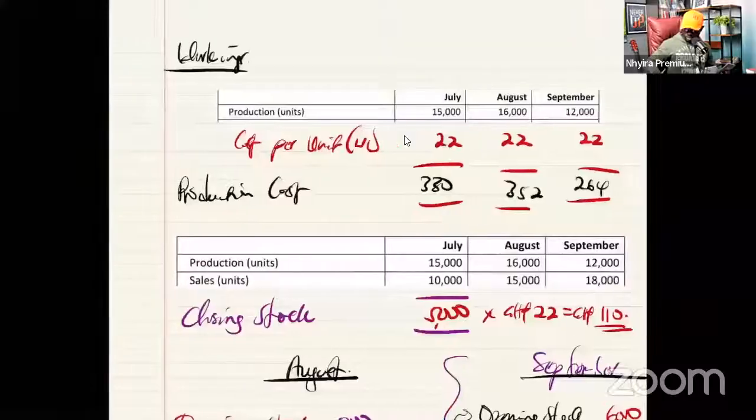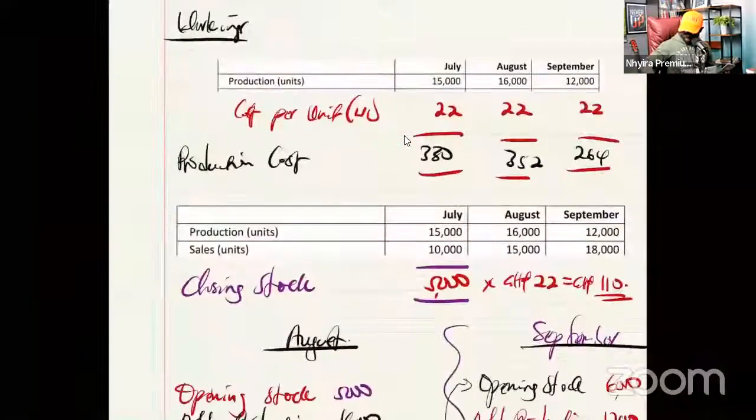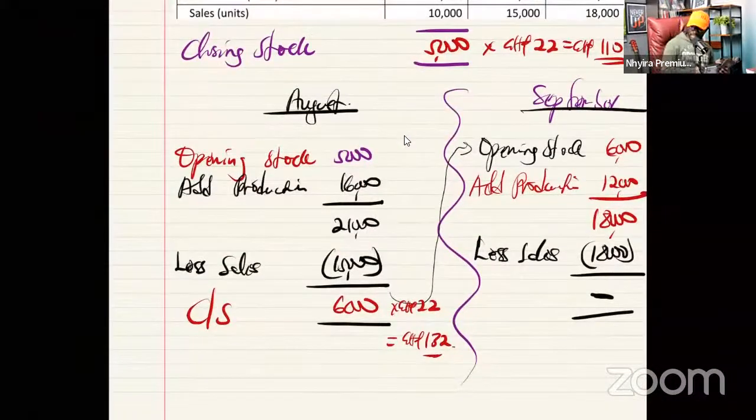So if you come to August, what was August? August had a closing stock of 22, so at a price of 22. Now, assuming that was valued at 20, that would have given us 120.